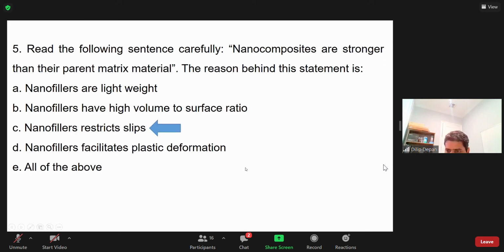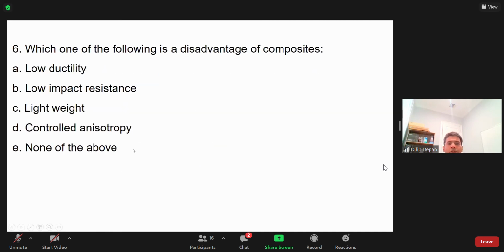Okay. Next question for Andrew. Which one of the following is a disadvantage of composites? You have to figure out the disadvantage.